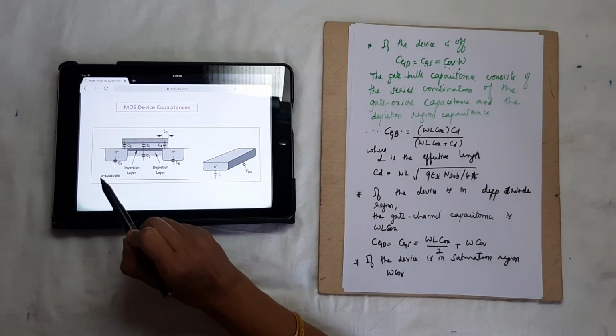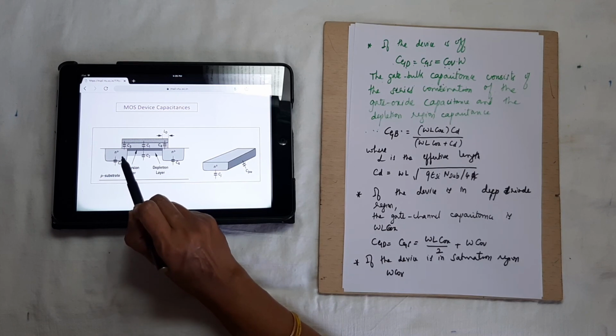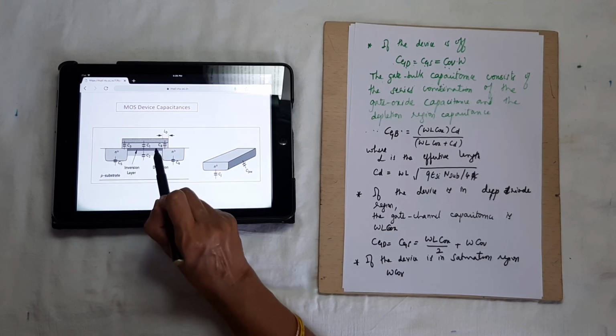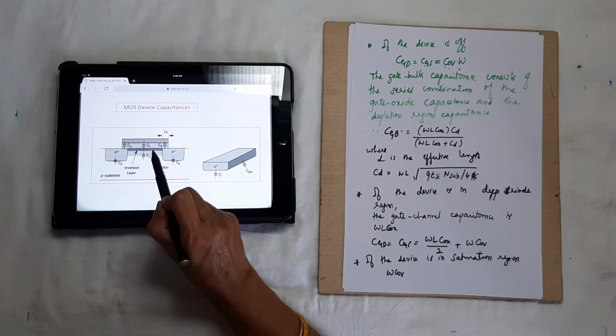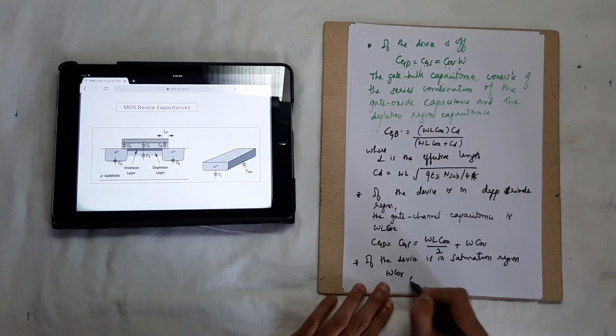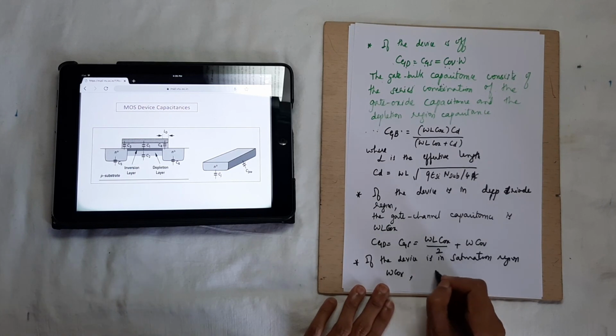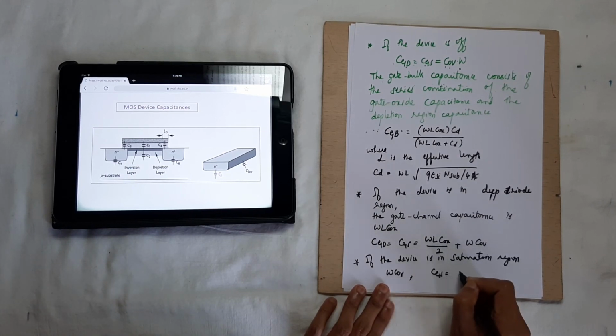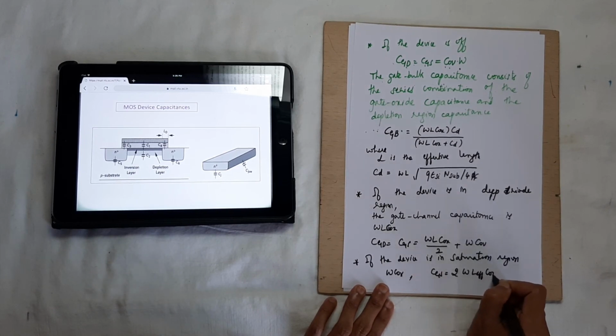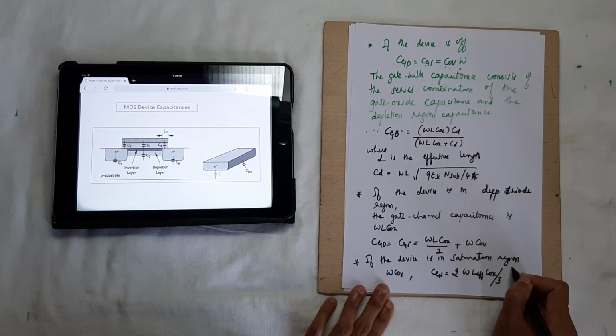Now there is a channel which begins from the source, and there is a pinch off point somewhere at this point, and that can be approximated as CGS approximately 2 times W into L effective Cox divided by 3 plus W into COV.